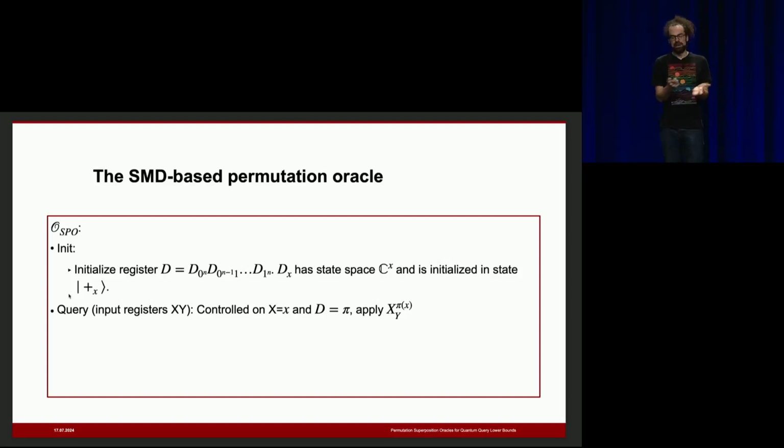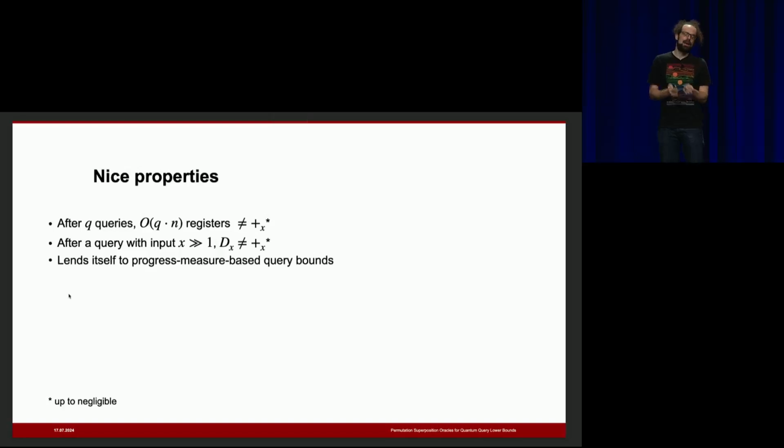So that's fairly straightforward, but the reason why this is useful is basically the following properties that we get for this oracle. After Q queries, there's only a number of registers that are not equal to the uniform superposition that is linear in Q. And all of these properties only hold up to a negligible error.